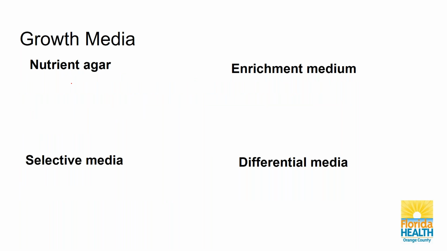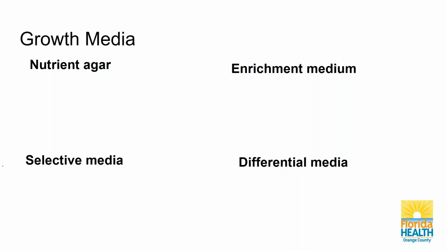So can anyone give me an example of a nutrient agar and what it is used for? I know you guys had microbiome and we went over this before. You gotta know your different types of media.